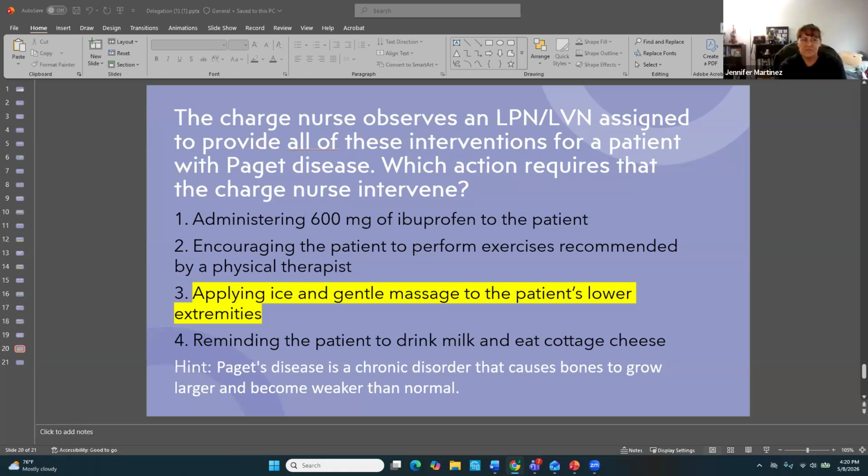Okay. So why wouldn't we apply ice and massage? Because it could cause more trauma to the fragile bones and increase risk of fractures. So it says here it's a chronic disorder that causes bones to grow larger and become weaker than normal. Okay, so old bone is replaced by new, weaker, deformed bone.